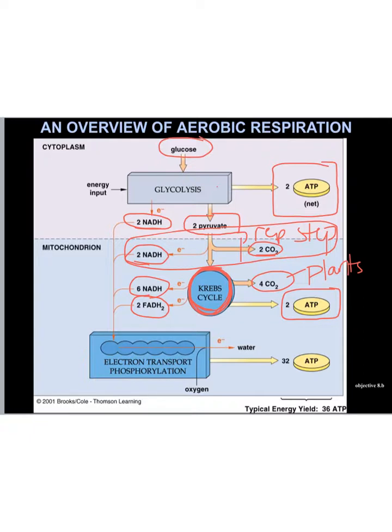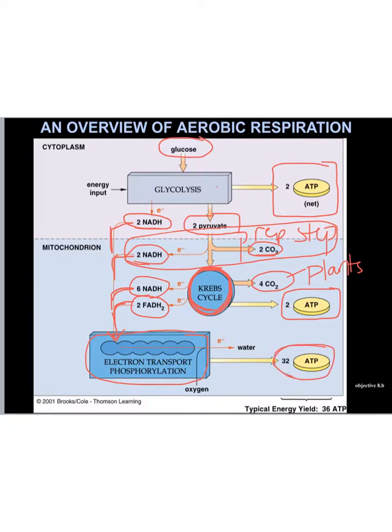So all of these, the 2 NADH from glycolysis, the 2 NADH from the prep step, the 6 NADH from the citric acid cycle, and the 2 FADH2 from the citric acid cycle, all of those go down here to be utilized in what's called electron transport phosphorylation. That's where we make the bulk of our ATP.